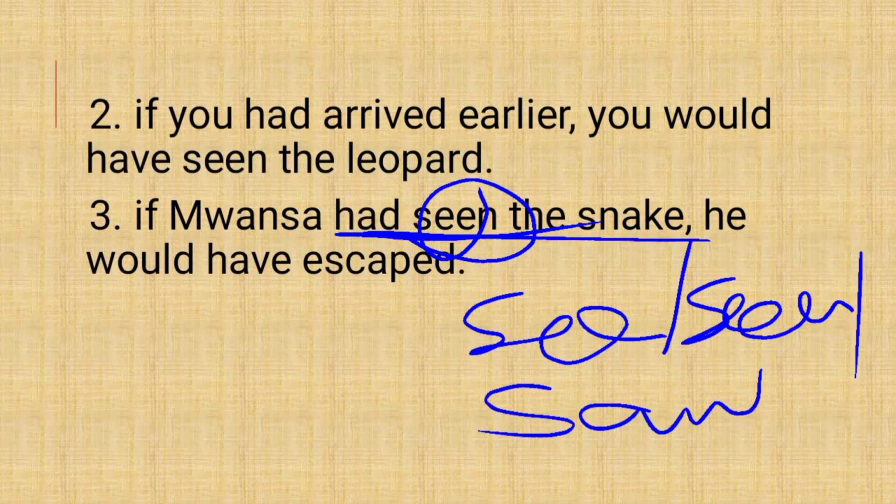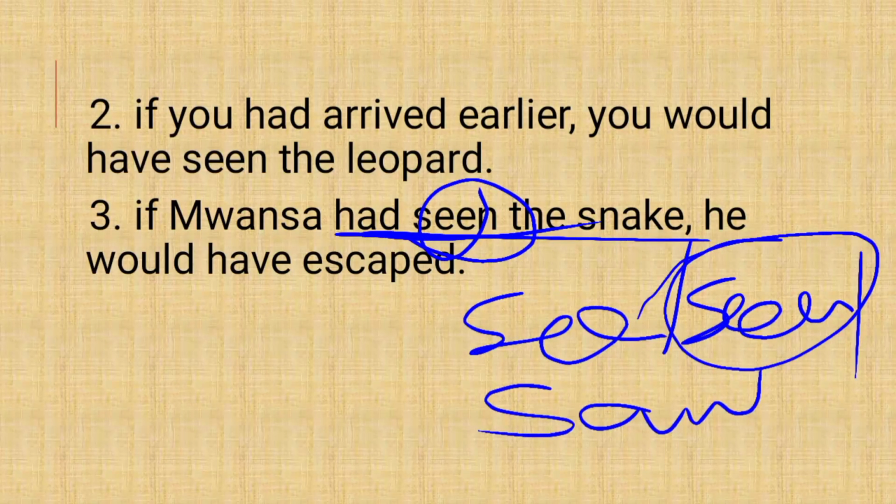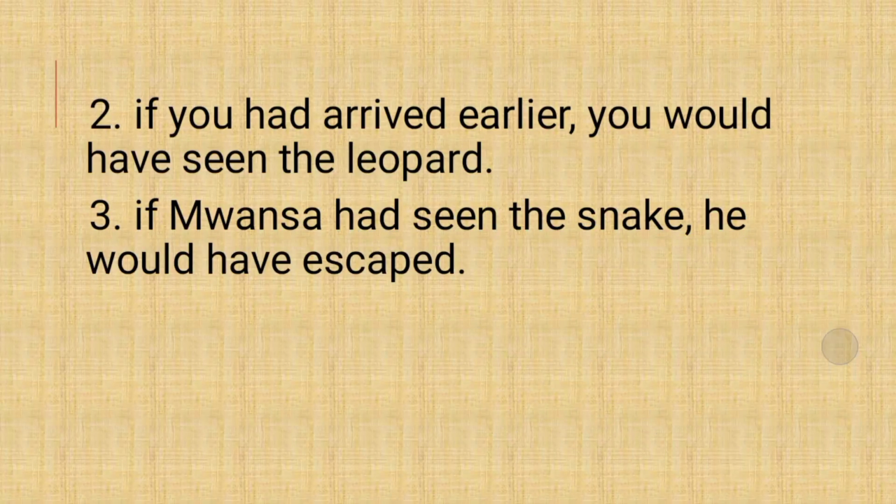When we are dealing with impossible condition, we use the past participle and put the word had to show the past perfect tense. So if Mwansa had seen the snake, the pattern says would plus have plus verb in past. So he would have escaped.